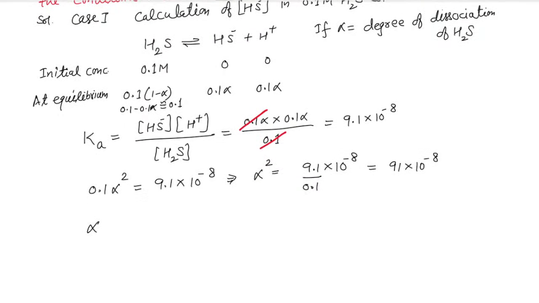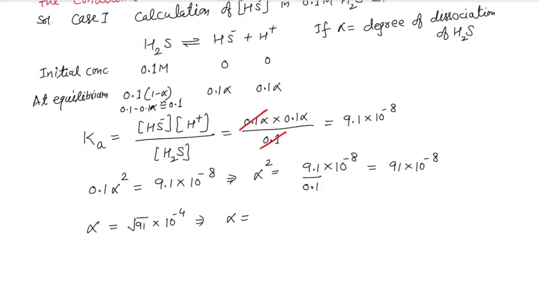So alpha is equal to the square root of 91 into 10 raised to power minus 8, that is, 91 into 10 raised to power minus 4 under the root.